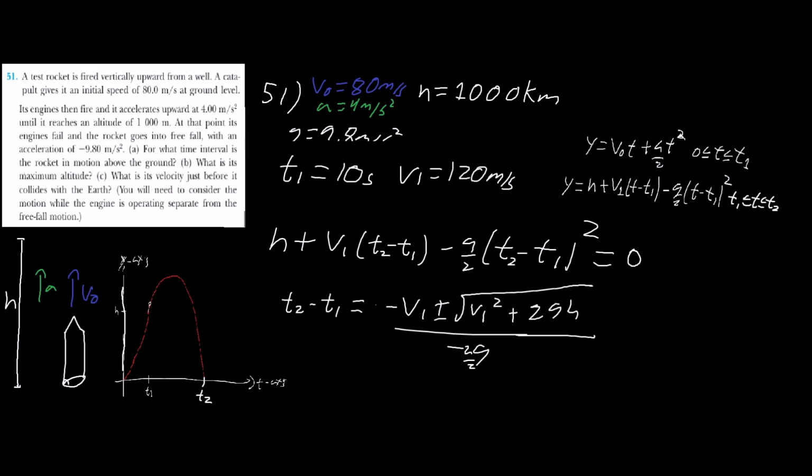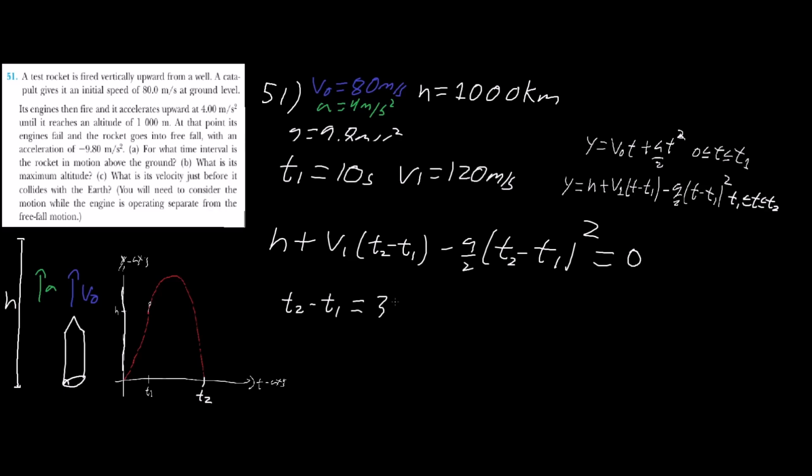But I'm going to just simplify this and distribute that negative sign and just change that into a plus, just to make it easier. And you can already plug in the variables. And once you do that, you would have this equation resulting in 31.06 seconds.